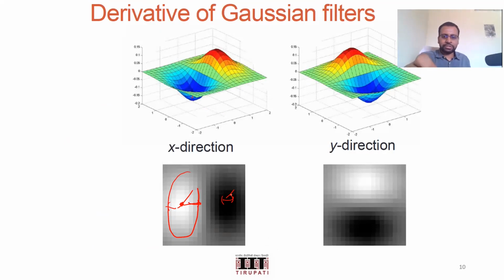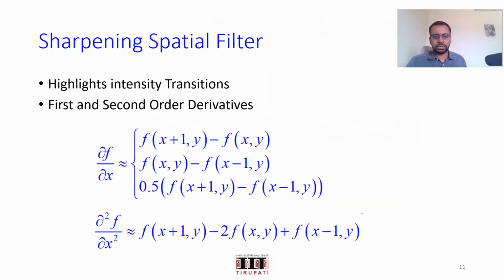The visualization would be better in the mesh plot. It looks something like this. And for y, the variation is in this direction. That's all. Okay, right.